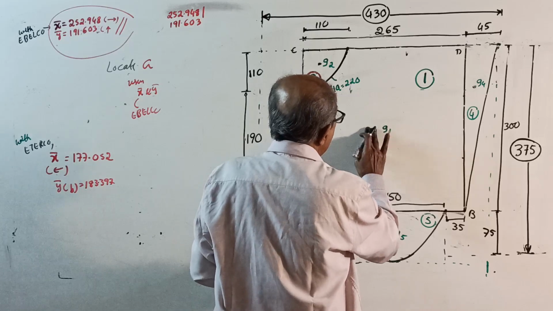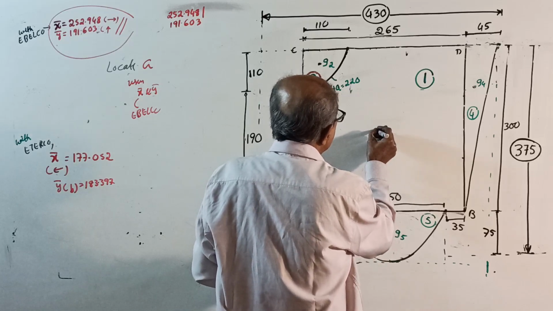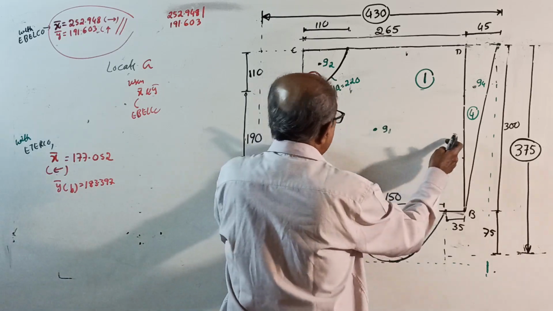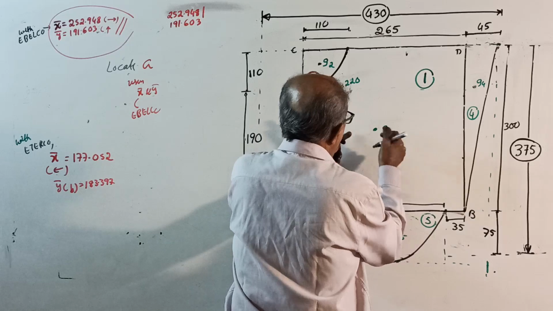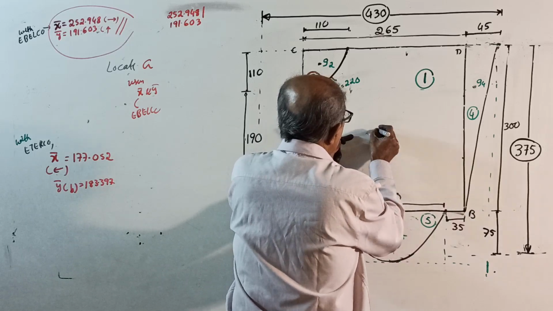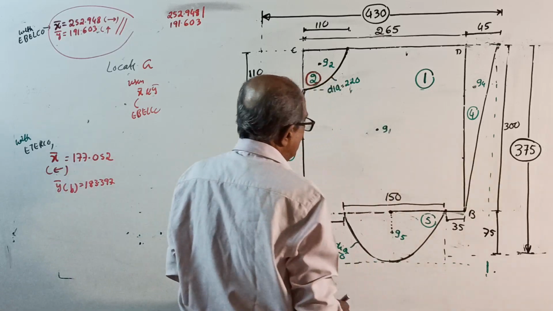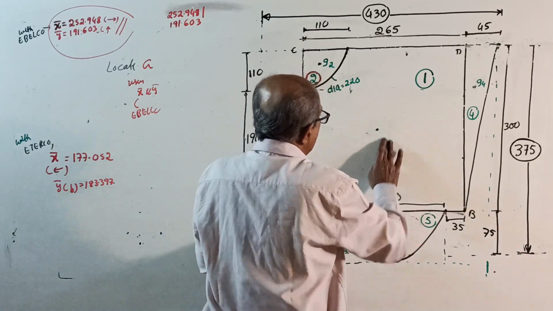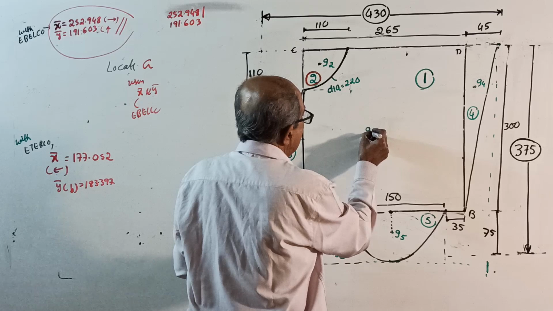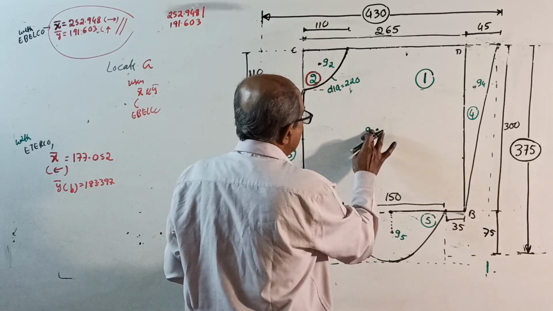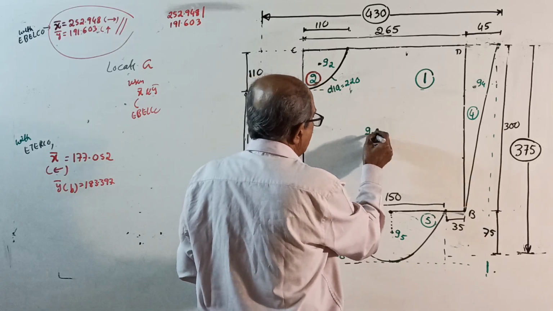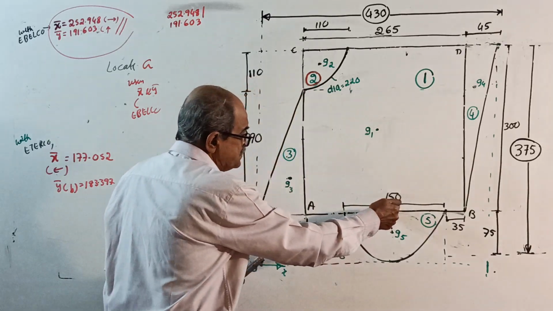It looks very odd to me. No, leave it. G1. Now that G1 I will write on this side for some reason. There is a reason for it. G1. Okay, now it is before this G5.